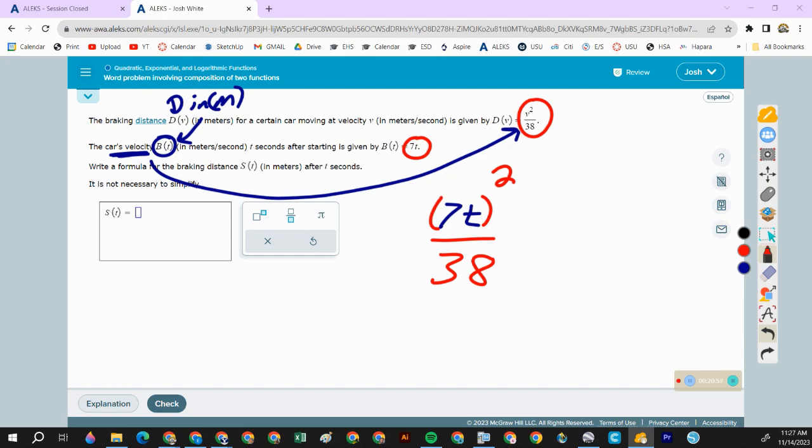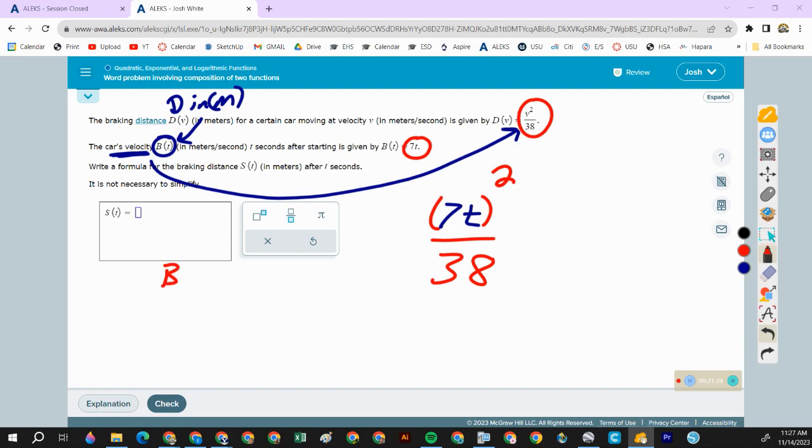So function b, if you give a time, it will spit out a velocity. So if you know 8 seconds in, how fast is the car going? If you take the velocity and plug it into the other equation, it will tell you the braking distance for that velocity, for that speed. Or the new function, the one I just built, will take time and turn it into a distance.